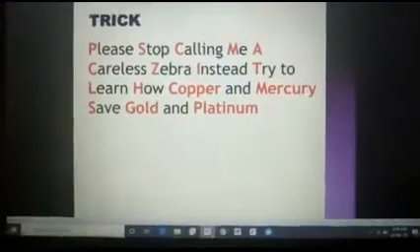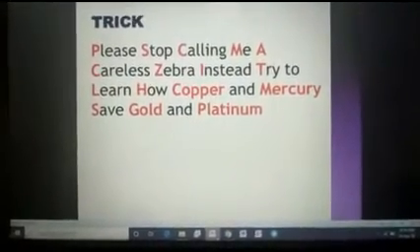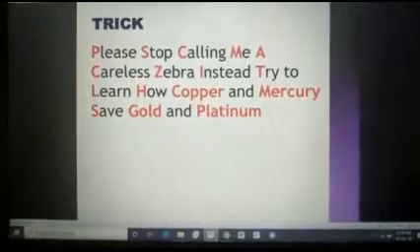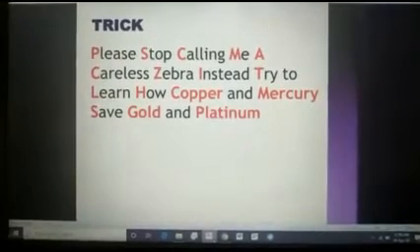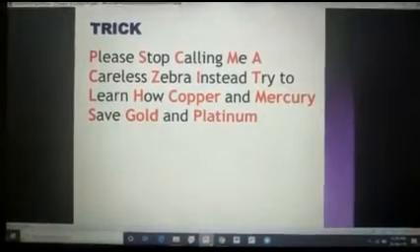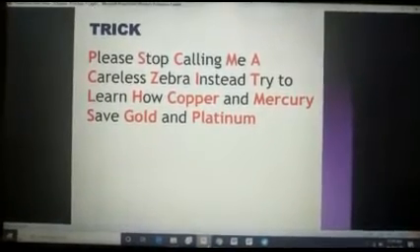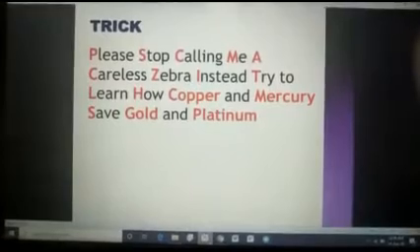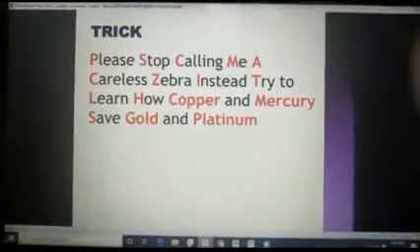Okay, now this is a trick to learn the reactivity series. Please stop calling me a careless zebra. Instead, try to learn how copper and mercury save gold and platinum. See, this is a trick to cram the reactivity series that you have to learn.